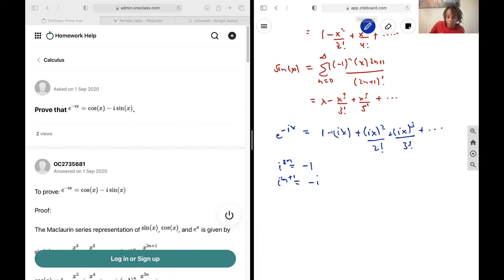And so what that means is all of the odd numbered powers here are going to become negative 1 in front of i, and all of the even numbered powers here are just going to become negative 1.